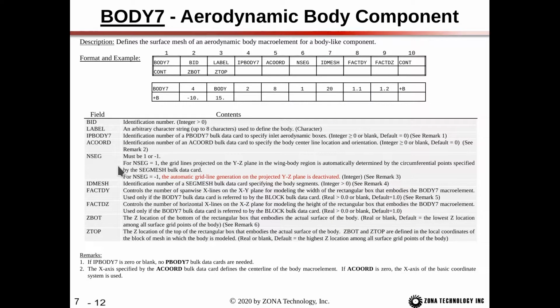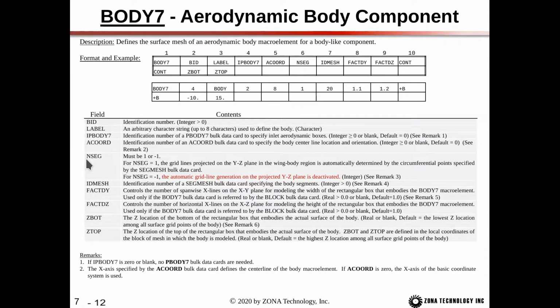If NSEG is positive 1, then the grid lines projected on the YZ plane in the wing body region are automatically determined by the number of circumferential points specified in the SEGMESH bulk data card, and for NSEG equals -1, then the automatic grid line generation is deactivated, which means you must use the GAPZ bulk data card to define these Y lines on the projected YZ plane.